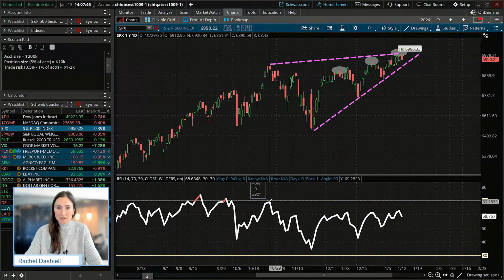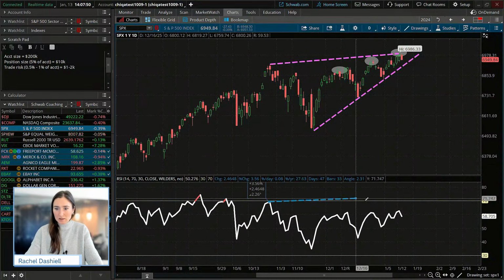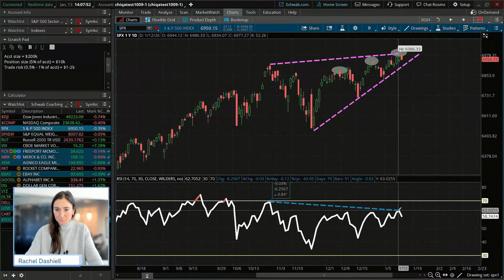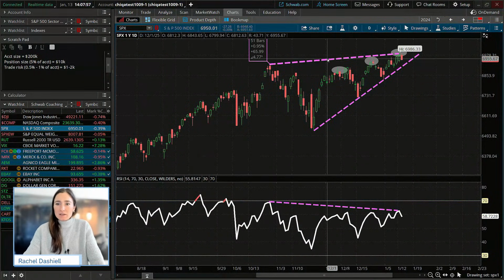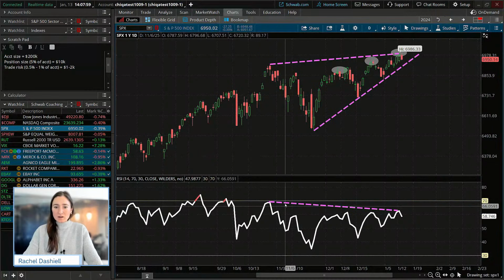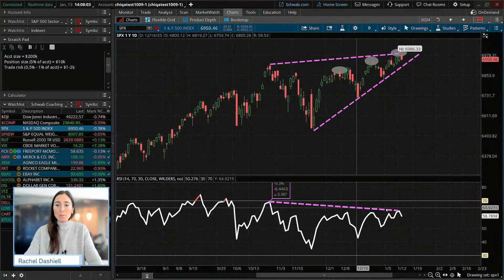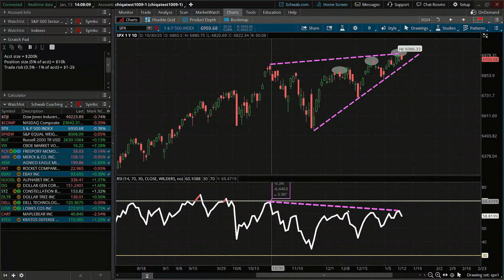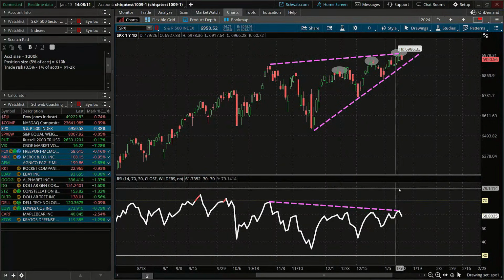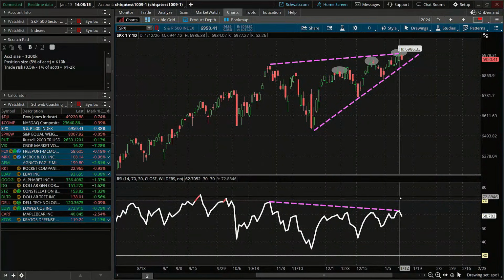And I'm going to connect that to where we currently are in this indicator, where we made this most recent high. Now you can see here, price is making a higher high, but the RSI, the relative strength indicator indicating momentum, is creating a lower high in this case. Since that's not making a higher high, momentum isn't giving us confirmation in that case.